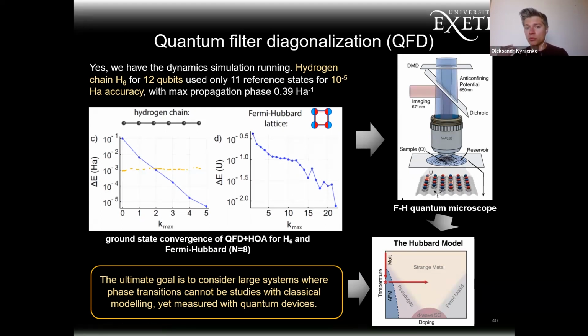But if you can do the dynamics, it becomes easier to scale to large system sizes, because evolving 50 atoms as compared to 20 is not much more difficult. But VQE between 20 qubits and 50 qubits will be a huge increase.